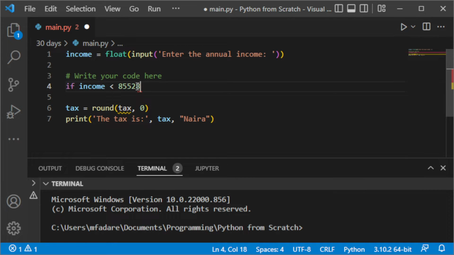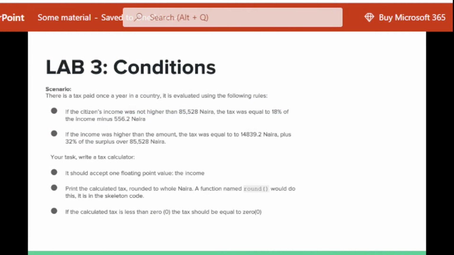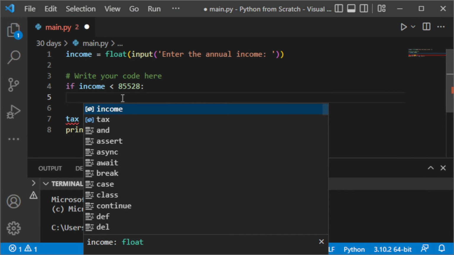So if the income is less than 85,528, then this is what we should do. What are we to do? The tax should be equal to 18% of the income minus 556.2.